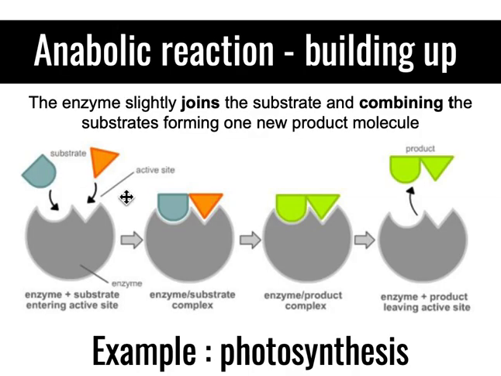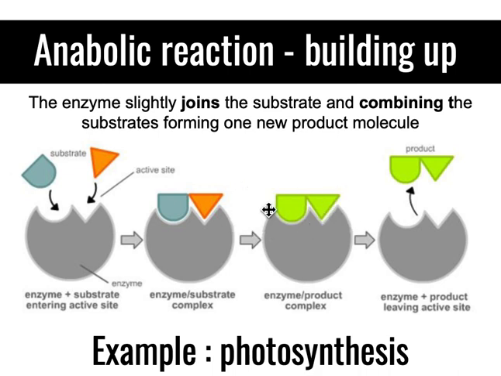Okay, we've talked about the lock and key hypothesis, whereby the substrates that are complementary to the active site of the enzyme can fit perfectly and form this enzyme substrate complex. During an anabolic reaction, the enzyme joins the substrates, combining them and making one new product molecule.